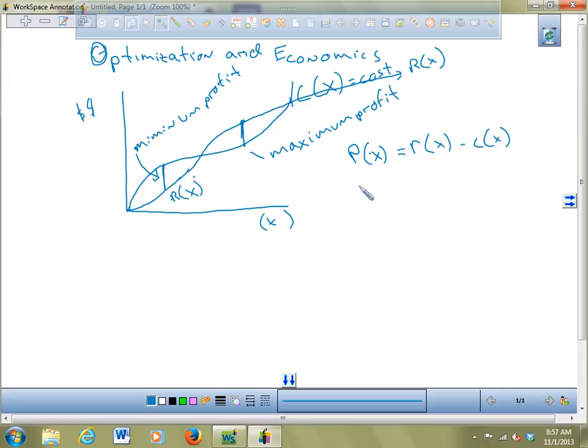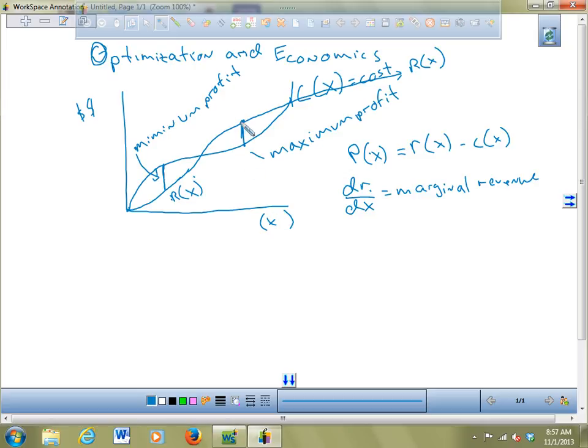Okay. The other thing that they say is that they talk about these things called marginals, okay? So dr dx is called the marginal revenue. And basically that's the slope of your curve, right?